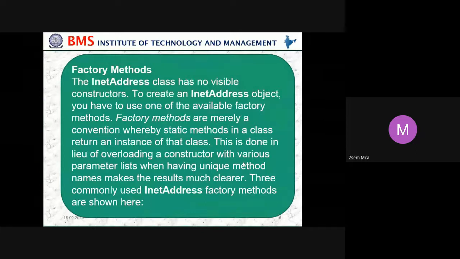Same way here. The InetAddress class has no visible constructors. It does not have constructors here. So to create an InetAddress object, we have to use one of the available factory methods. Factory methods are merely a convention whereby a static method in a class returns an instance of that class.